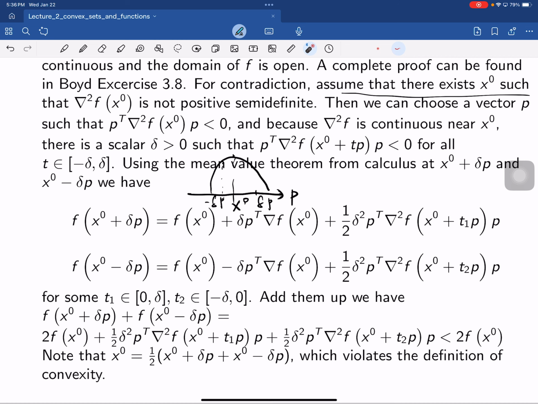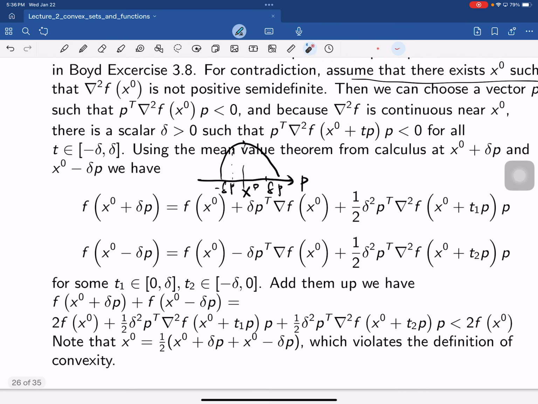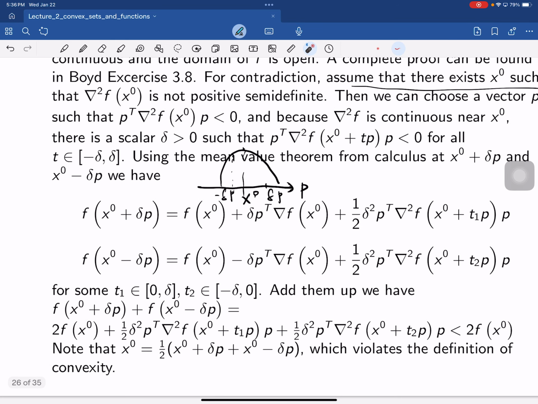And then similarly, there exists a T2 such that this approximation is exact. Now you sum these two terms, and the first order terms will cancel out. Okay, so what you are left with are those two second order terms.